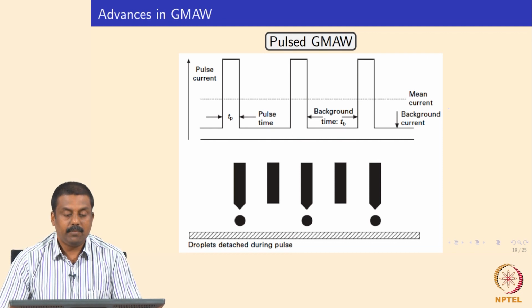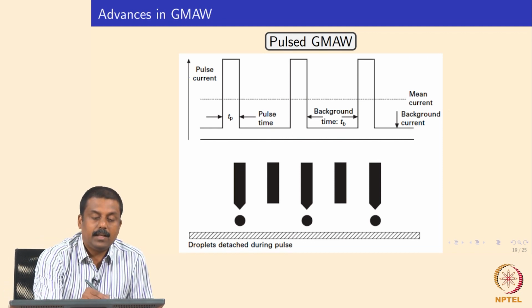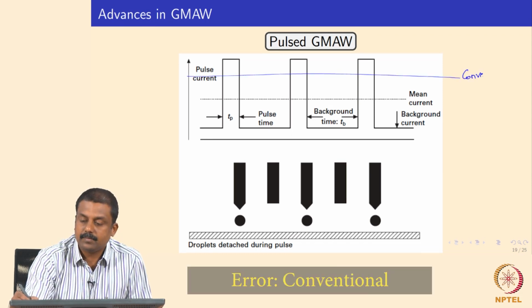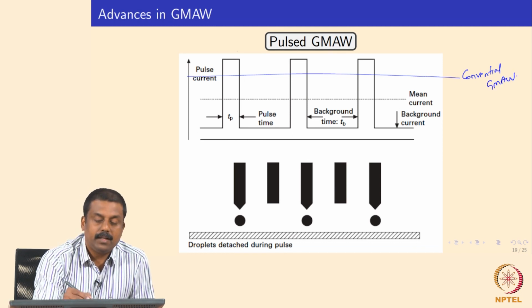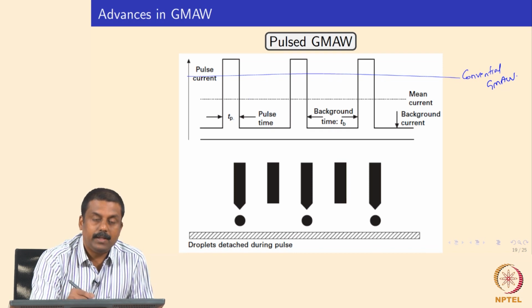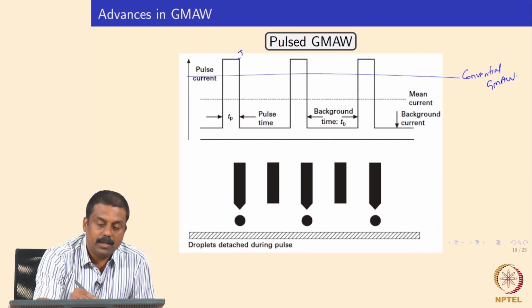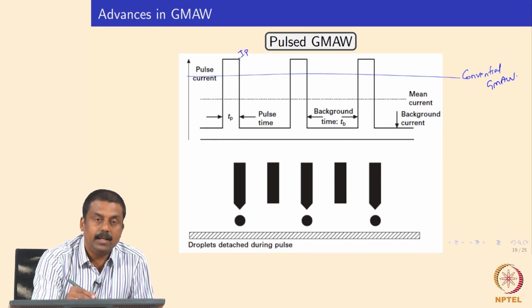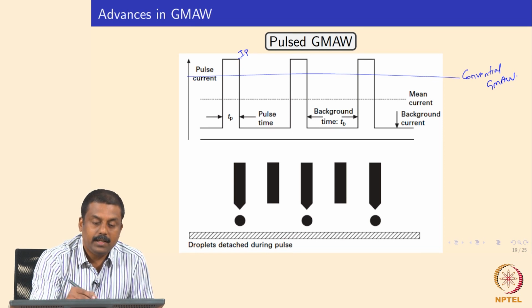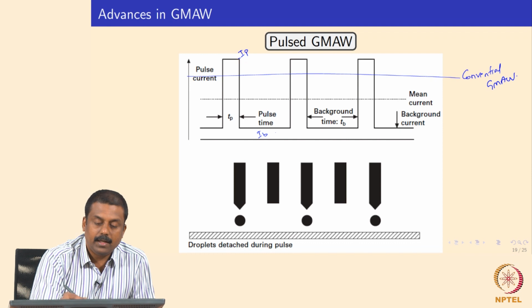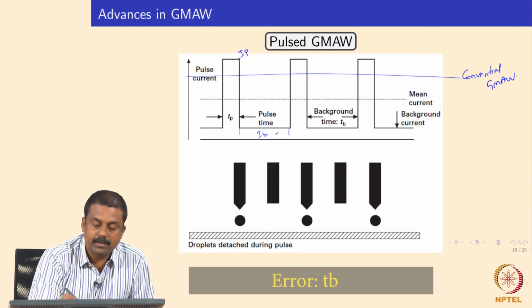So in a pulsing current, instead of having a continuous current as in conventional GMAW, we have a current pulse given, for example, a pulse current which is much higher than the conventional mean current, and then we vary the pulsing period, which is Tp, and the background current Ib, and we also have a background time, Tb.